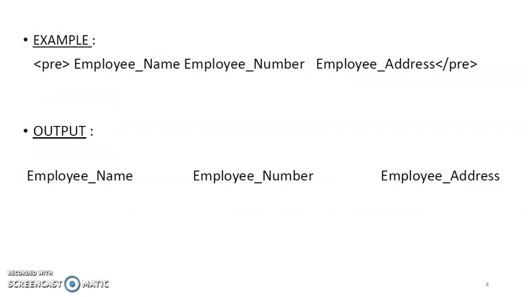See, in the example, I have mentioned employee name, employee number and employee address in between the pre tag. And you can see the output. The employee name, employee number and employee address are displayed in columnar form. Okay, this is the example of the pre-format tag.